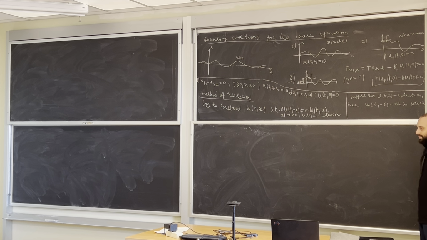So d2 over dt squared minus d2 over dx squared of u of t minus x is 0. So that's all.